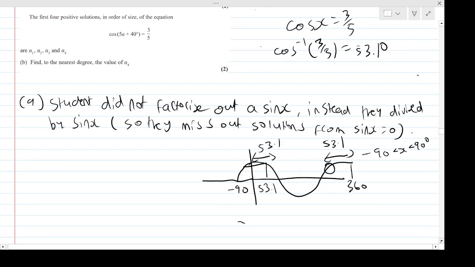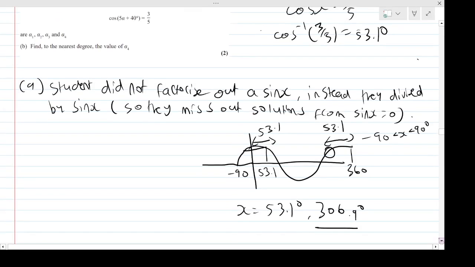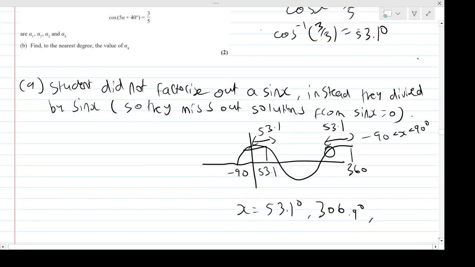So x is 53.1, and the other solution will be 360 take away 53.1. That would be 306.9. But then to find this other solution, we need to go backwards by 360, right? So if we subtract 360 from this solution, we would get minus 53.1.